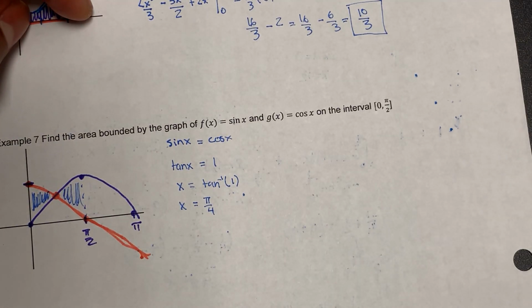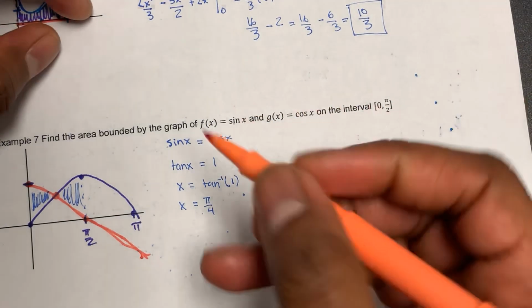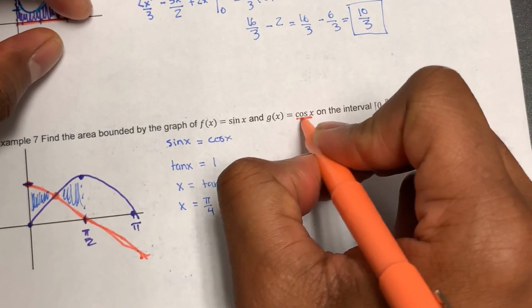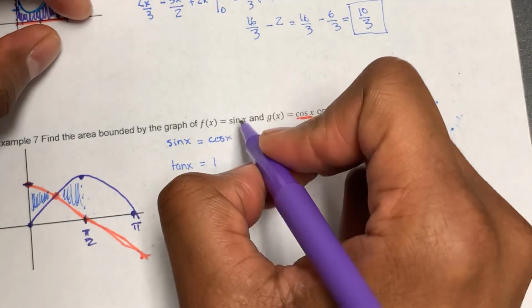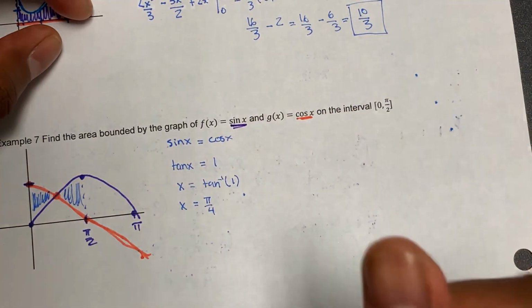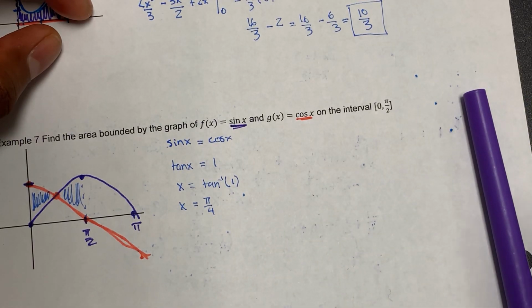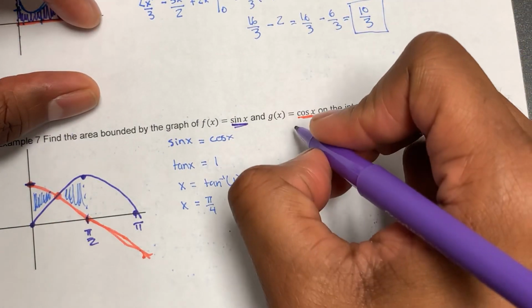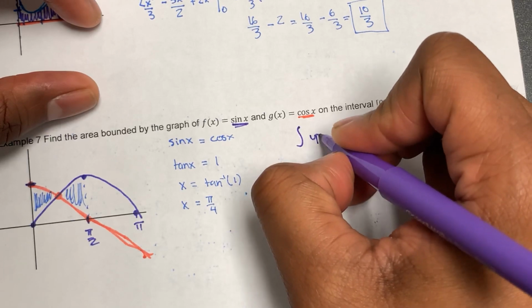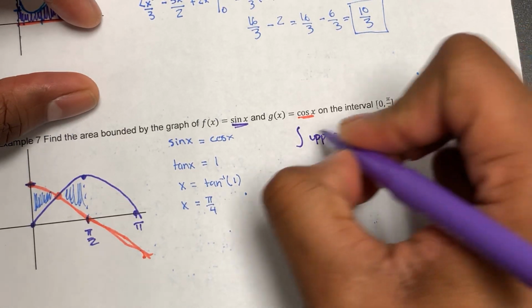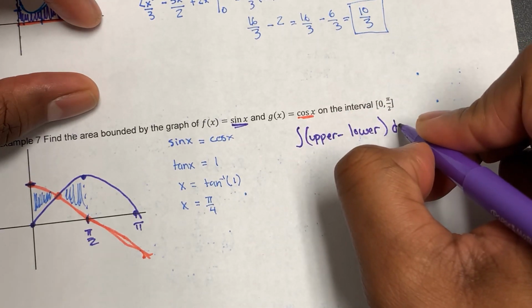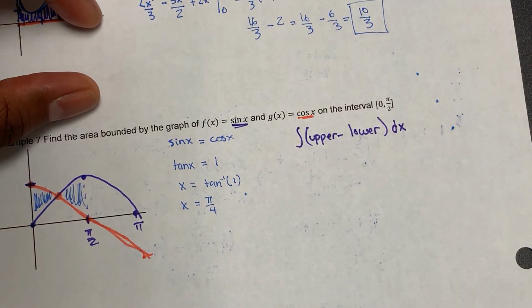So remember that cosine was the coral graph and sine was the purple graph. So area works as the integral of upper minus lower, dx.